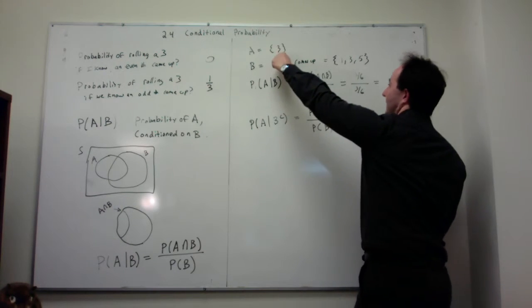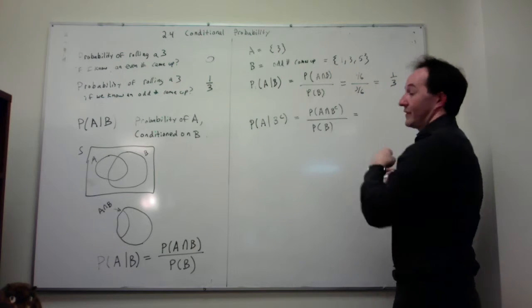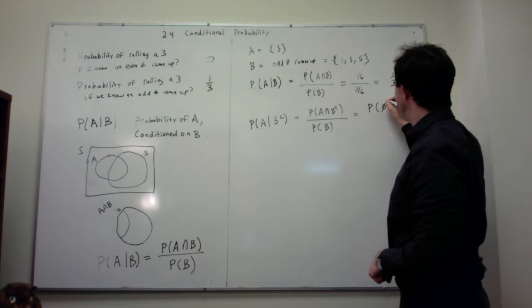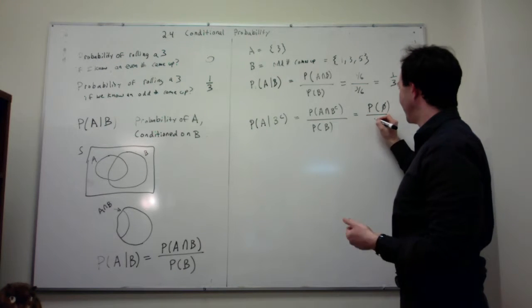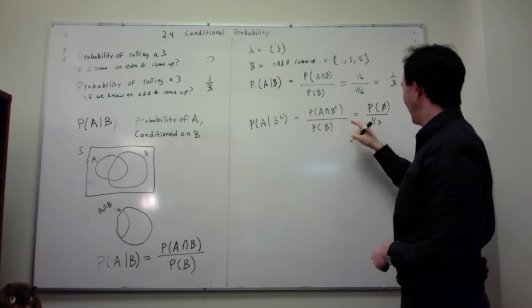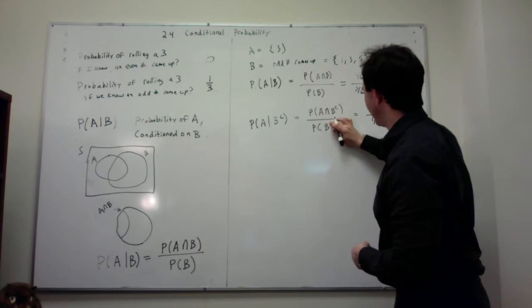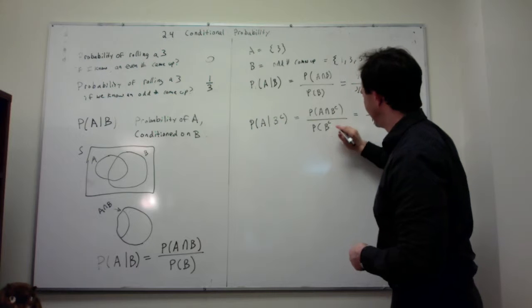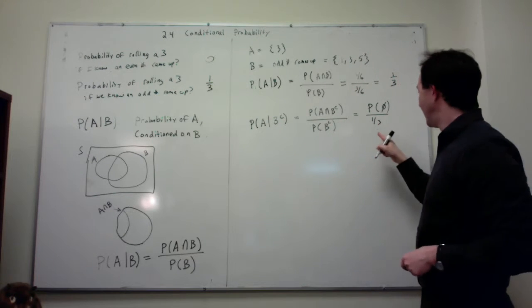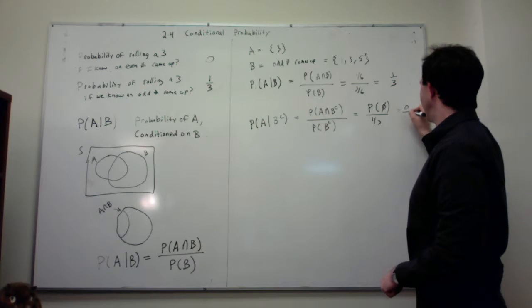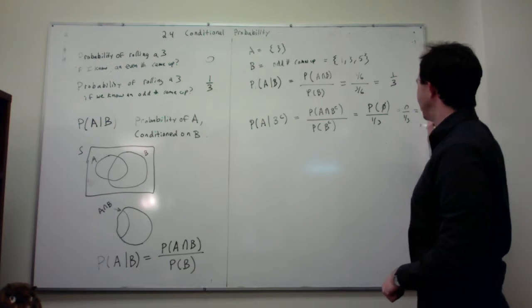Well, A is {3}, and B complement is {2, 4, 6}, so A intersection B complement is the empty set. So this is the probability of the empty set divided by the probability of B complement, which also has probability 1/3. So this is 0 over 1/3, which is 0.